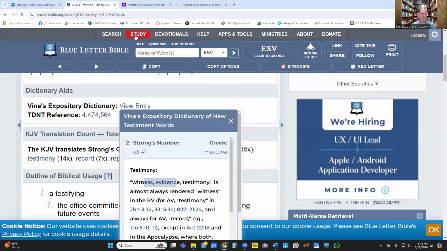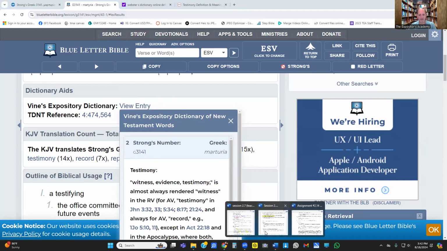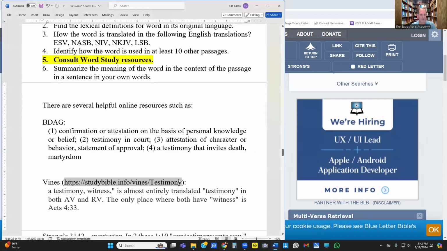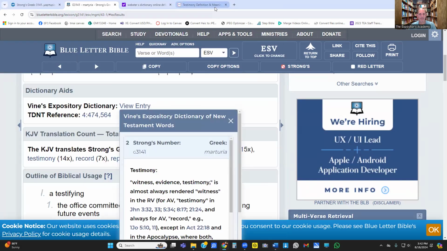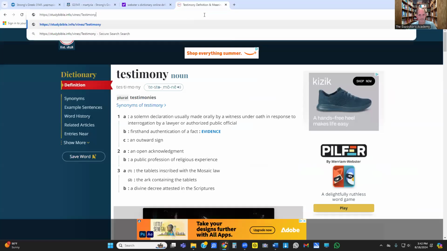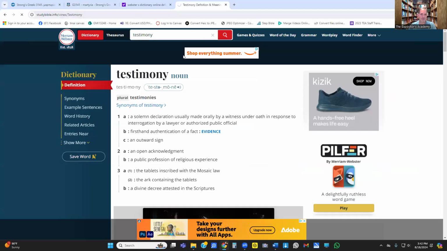Now, Vine's dictionary will have most of the Greek words that you're going to look up, and you would just look up either Blue Letter Bible might have it, or you can go directly to, as I indicated on here, studybible.info/vines. Let's do that. And just the English word testimony. My system's running a little slow here.